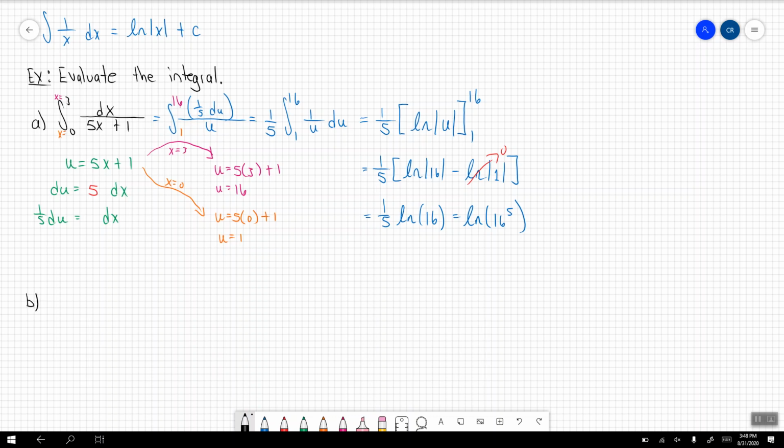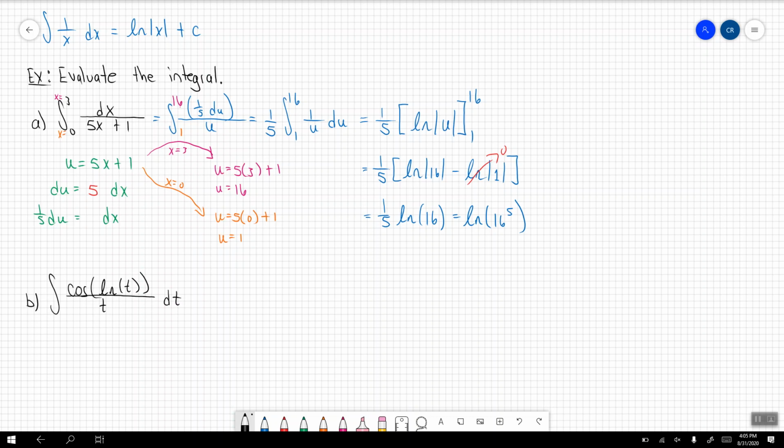Part B, we're going to work with something similar. So here's the example where we have the integral of cosine of the natural log of t, divided by t, and this is with respect to t.